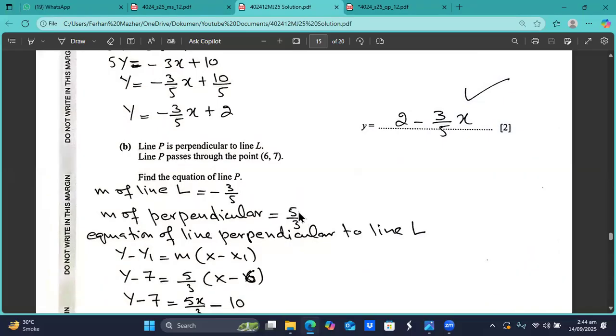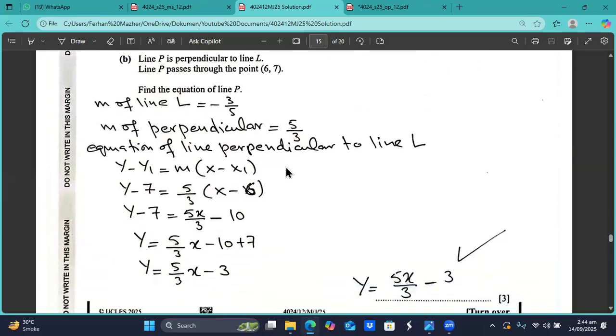This gradient of the perpendicular I will use, and because that line passes through (6, 7), I'm going to use that point. You know how we find the equation of a line: y minus y1 equals m bracket x minus x1, where m is the gradient, 5 by 3, of the perpendicular line.